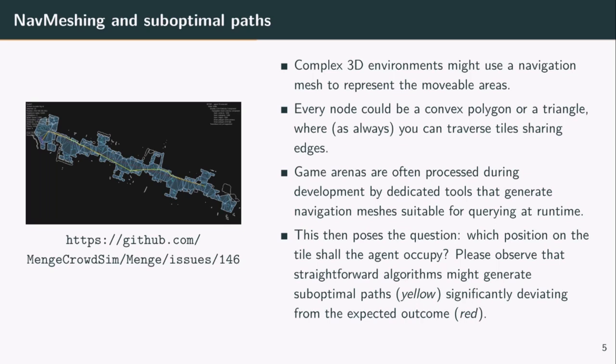You could also fix this problem by minimizing the size of the tile as much as possible, so to be very precise where it could be, but then you have the countermeasure, which is you're exploding the number of nodes that you need to explore. So usually either you use a hierarchical approach, which we're not considering now, or you just make these tiles as big as possible. But if you're using a simplistic algorithm, you might end up with a path which is non-optimal.